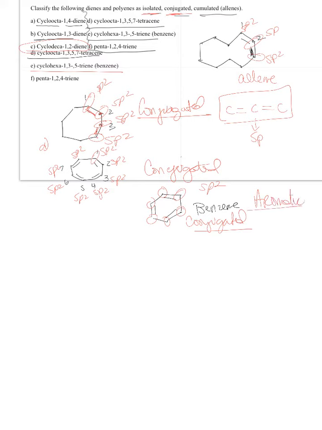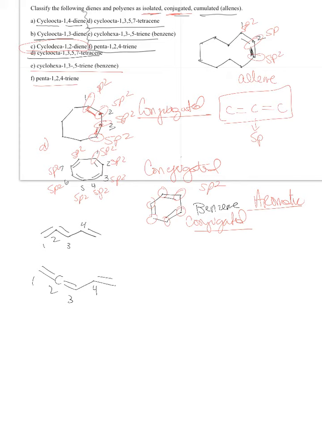Okay, F. Pentatriene. So we've got 5 carbons. 1, 2, 3, 4, 5. We have double bonds at 1, 2, and 4. So even though we don't have this drawn linearly, it should be drawn like this. 1, 2, 3, 4, 5.